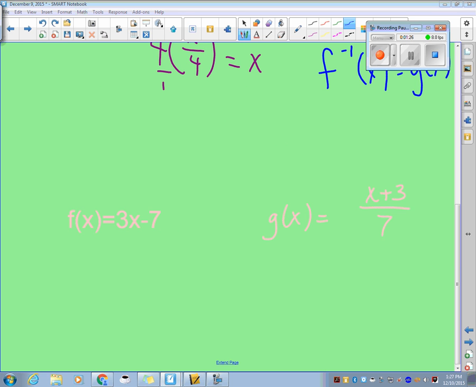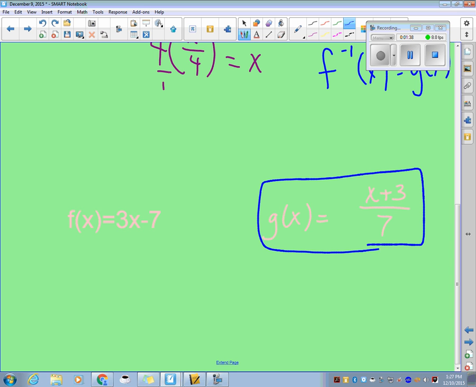Okay, so our second example, we have the g function is x plus 3 over 7. So in place of x in the f function, I'm going to write all of this. Okay.